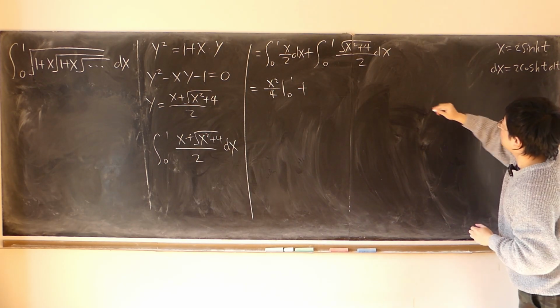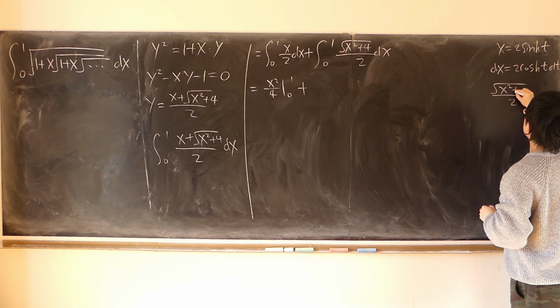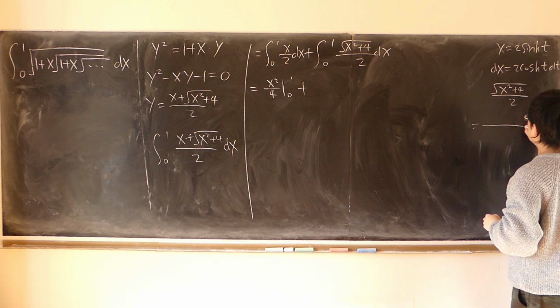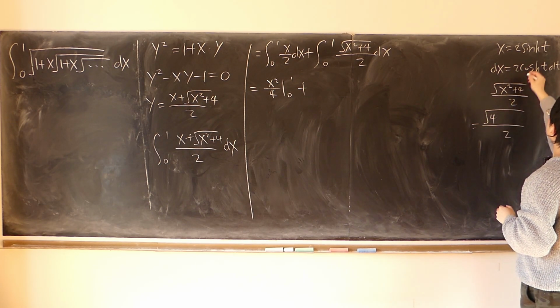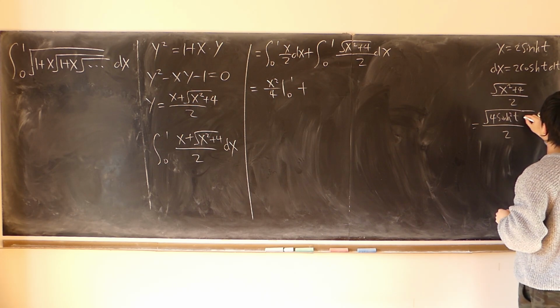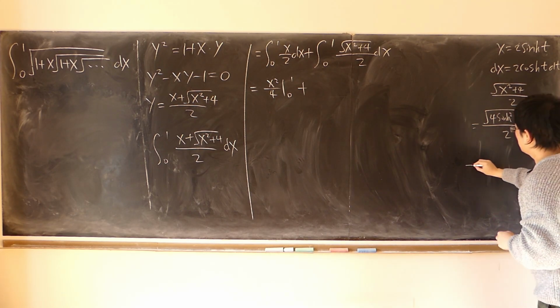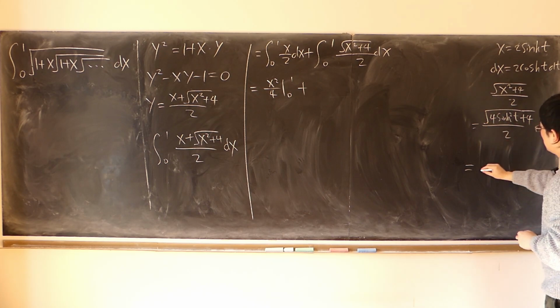And the inside integrand now is just the square root of 4 times sinh squared plus 4. 4 taken out, square root of 4 is 2, and the 2 and 2 cancel out.